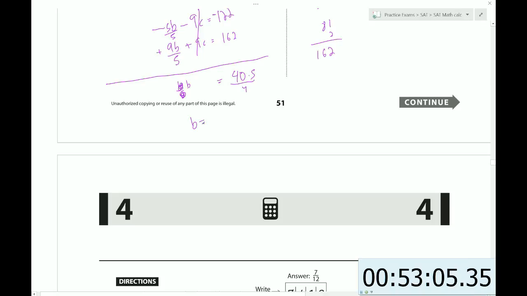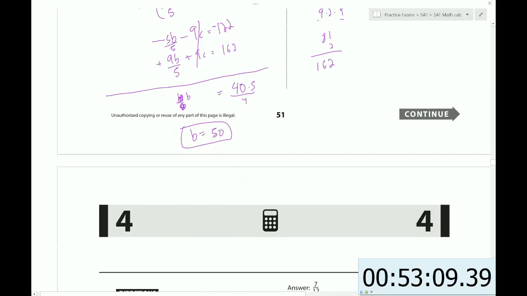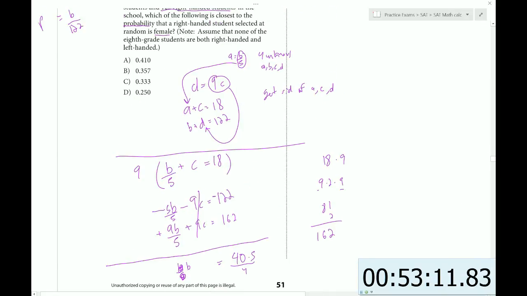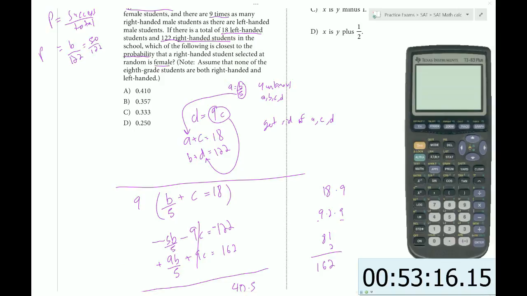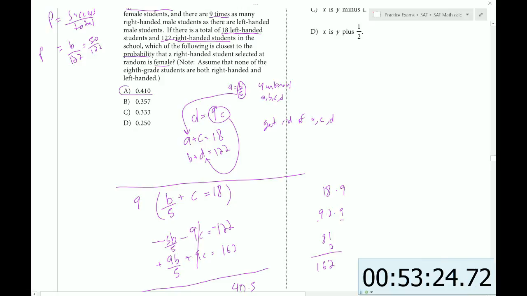So I end up with b equals 40 over 4 is 10. 10 times 5 is 50. So b equals 50. Then I can plug the 50 into here and do 50 over 122. I'll use the calculator for this. 50 over 122, and that's 0.409. So it's basically 0.410. Choice A.